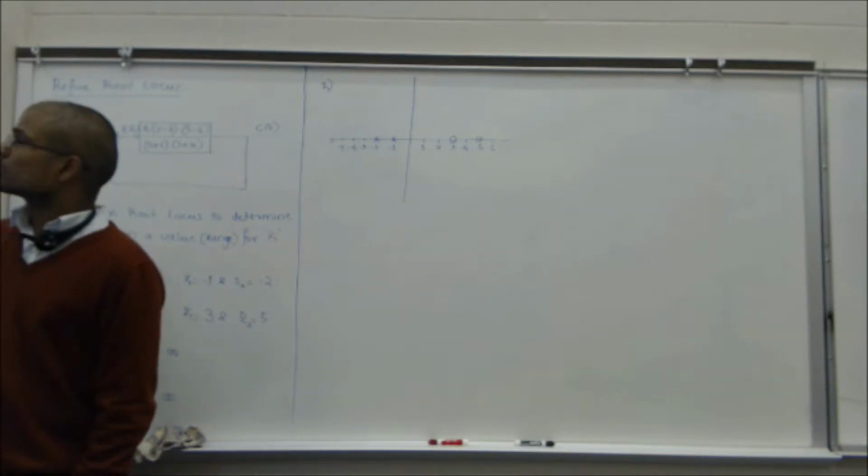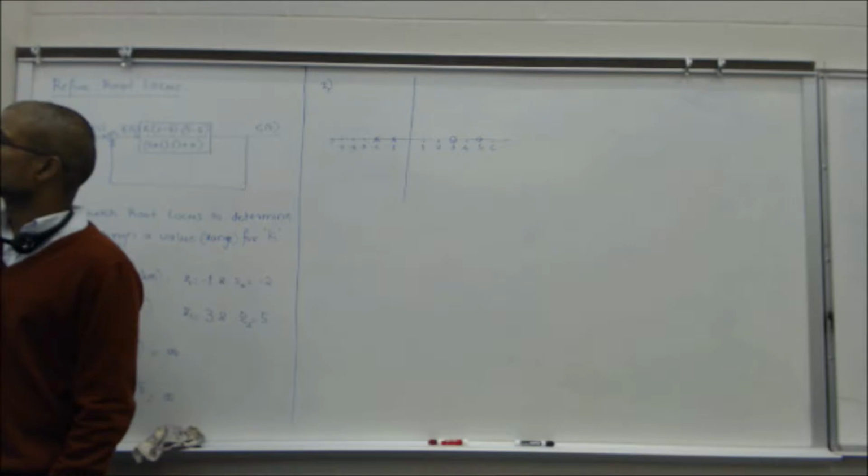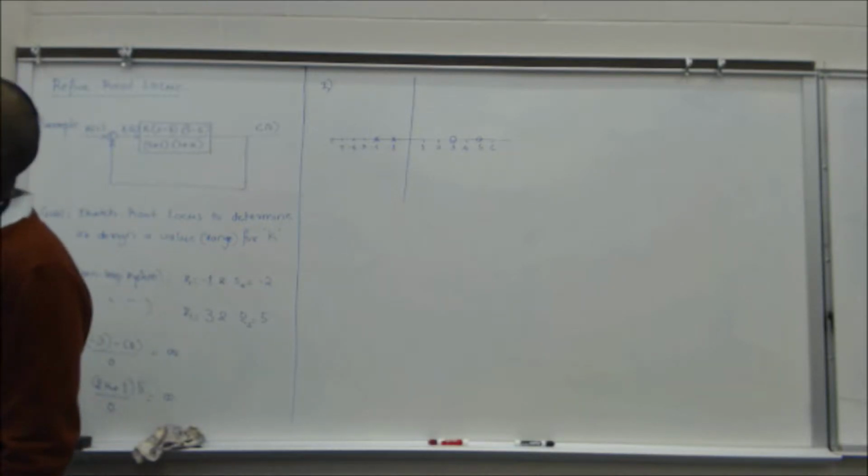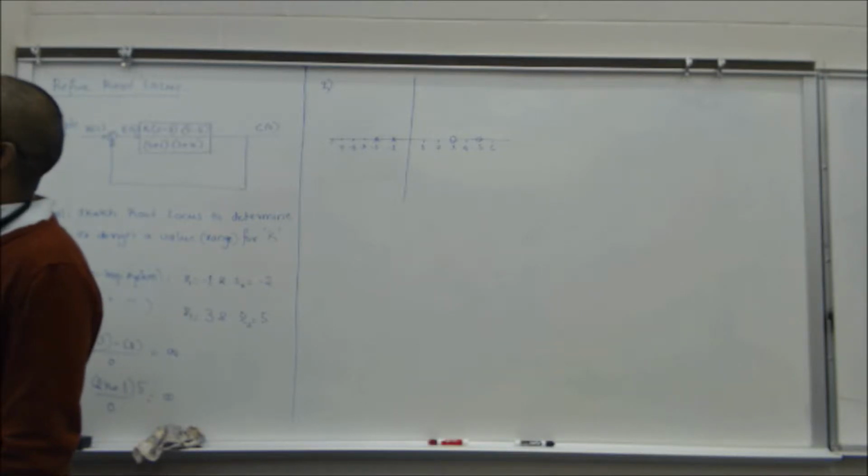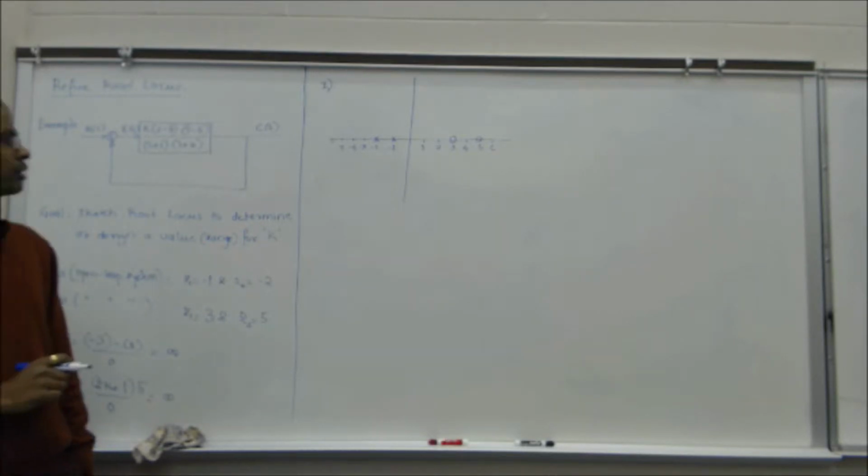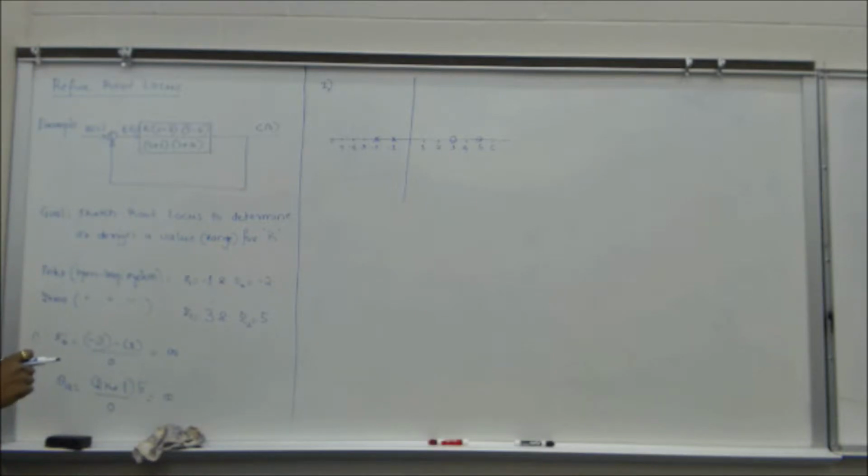If you look at the first point, it says number of branches is equal to number of closed loop poles. So you'll see that there are 2 branches for the root locus.